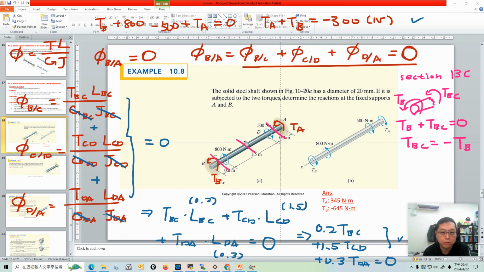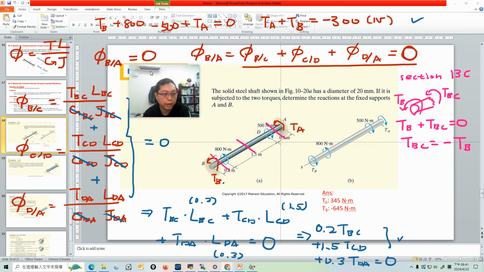So what is section CD? I don't have any space here, so let me move here. Section CD is here.